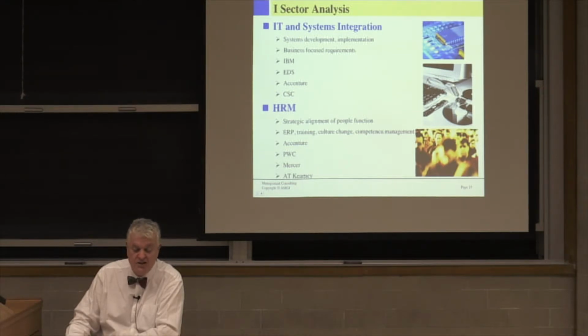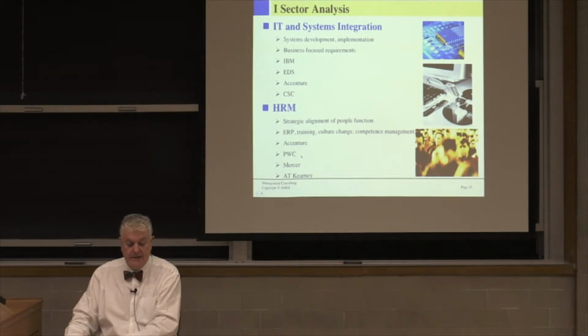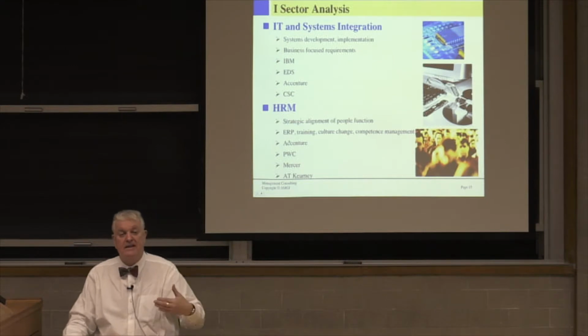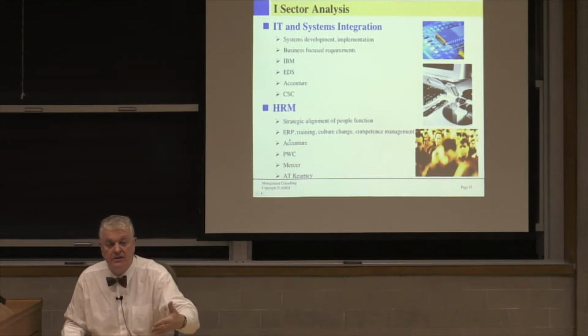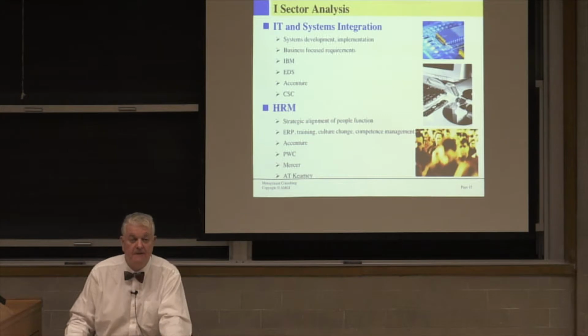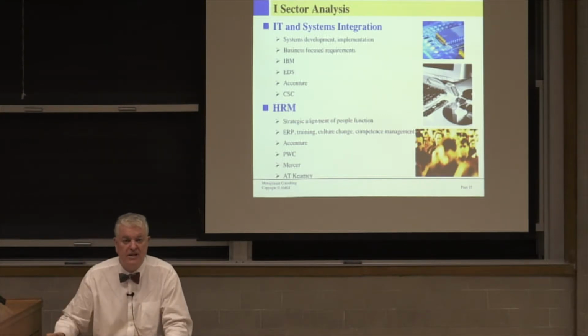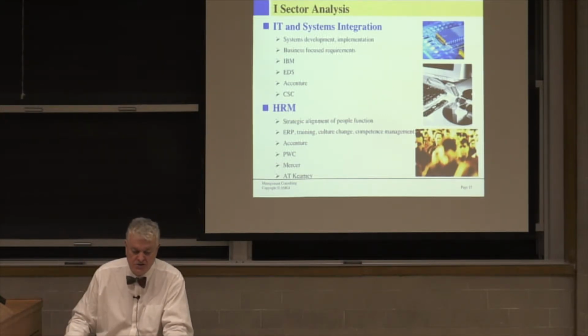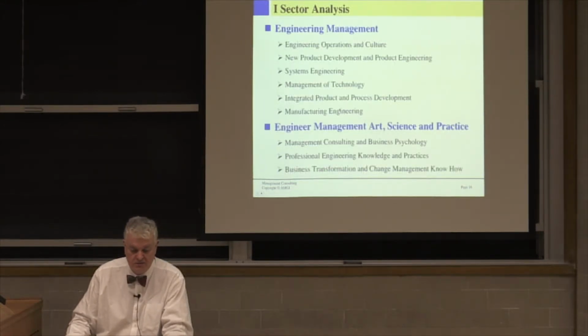There's cultural change, competence management, and they're even involved with ERP, the personnel systems, the hiring and firing, the salary management systems, the payroll systems, the tax systems, etc. The software that does that links to the government computers and so on. So there's a mixture there of IT involved in human resources as well.